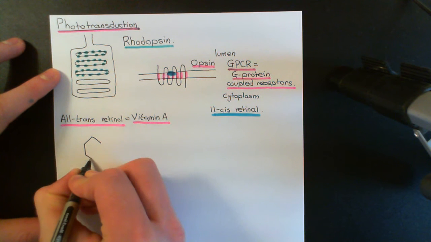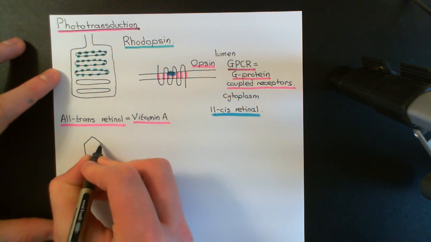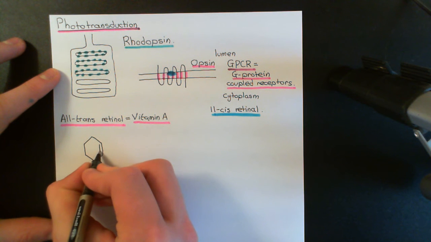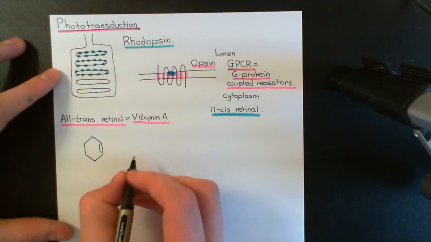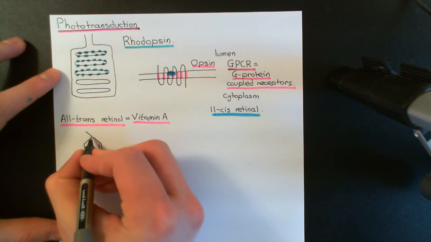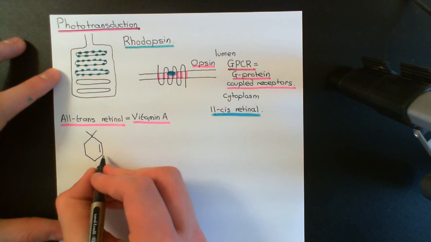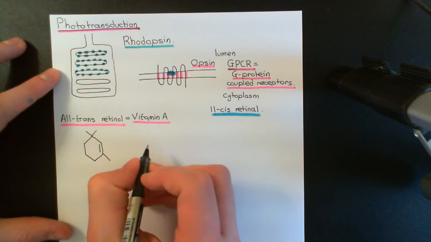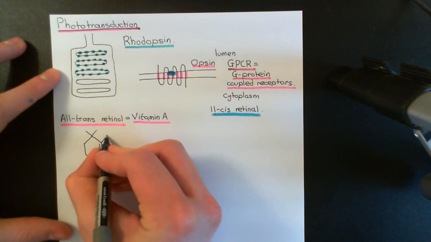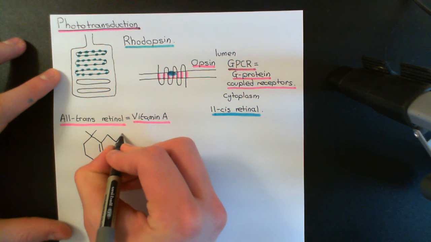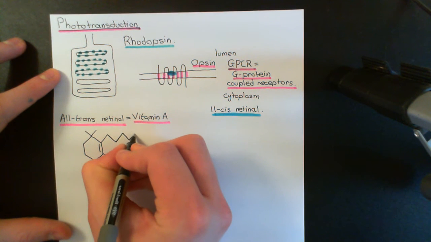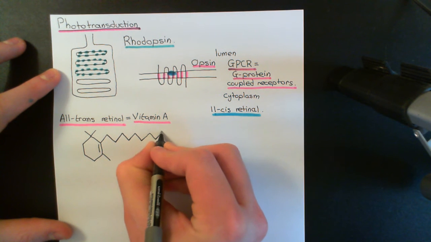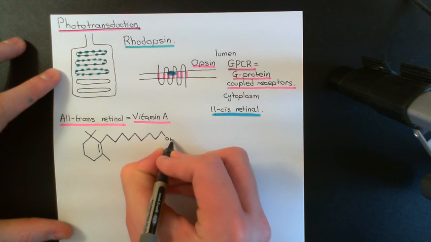You have a 6-membered carbon ring at one end of the molecule here, and you're going to have one double bond in this 6-membered carbon ring. You're also going to have 2 methyl groups coming off up here, and another methyl group coming off down here. Then you have a very long side chain coming off here, like so. So 1, 2, 3, 4, 5, 6, 7, 8, 9, and then you have an alcohol group coming off that final one there.